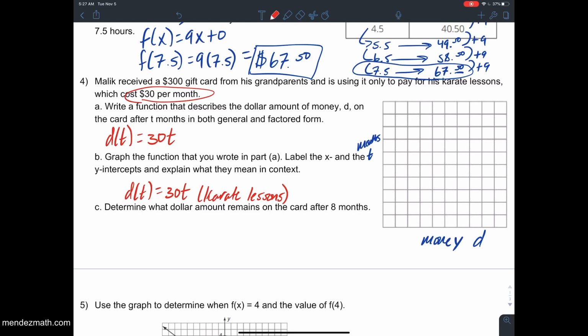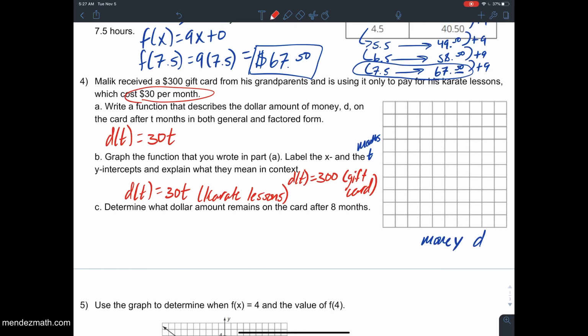And the other one, we'll do D of T again: D of T equals 300. Because that's the gift card.